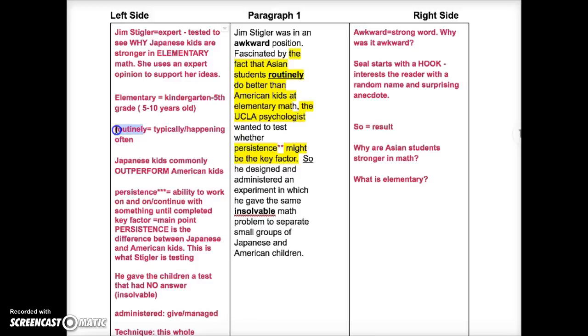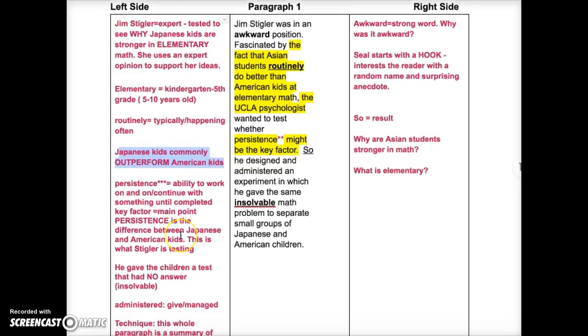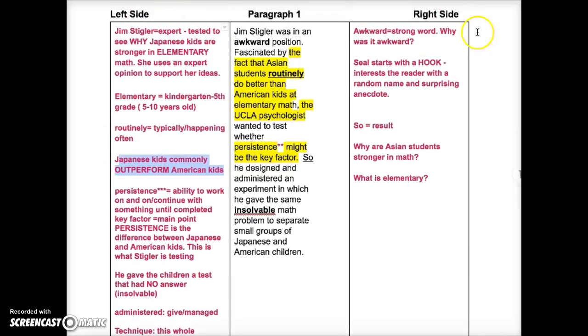Routinely, I don't know what that means. That's a good word. It means it happens often or typically. Okay, so it's happening very often that Asian students are outperforming American kids. Okay, so you see that I'm kind of summarizing these ideas, and you don't need to have it in so many sentences here. And on the right side, I wrote awkward here.